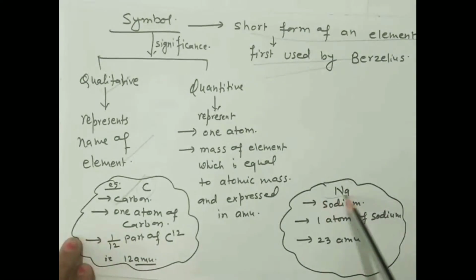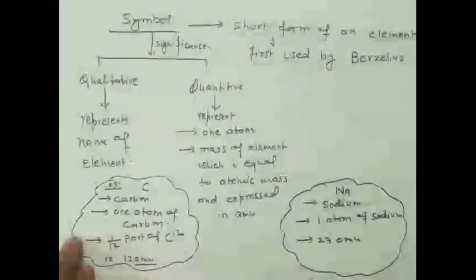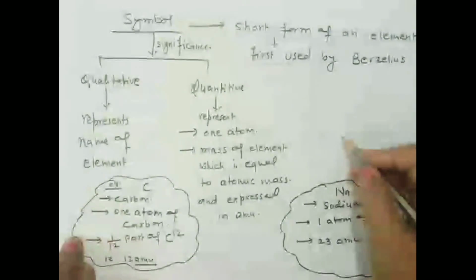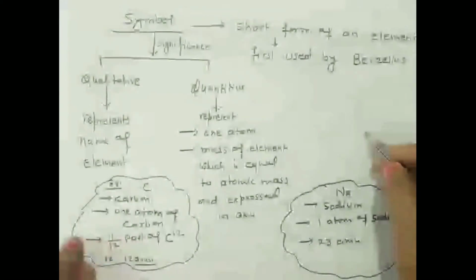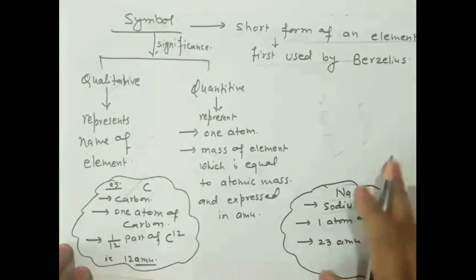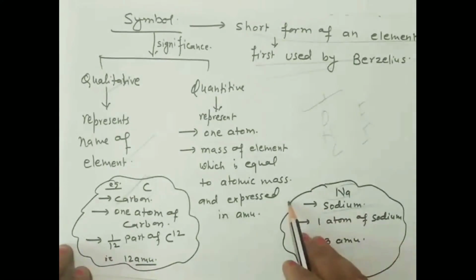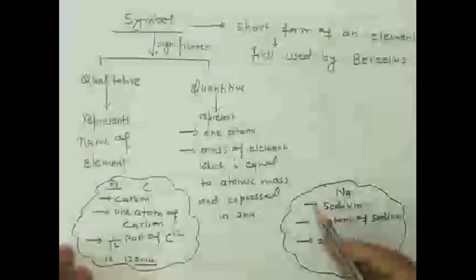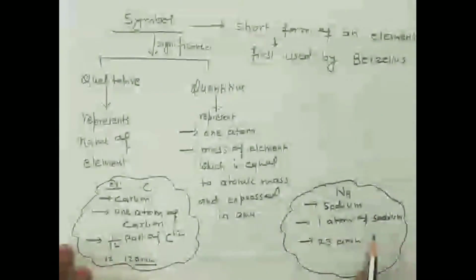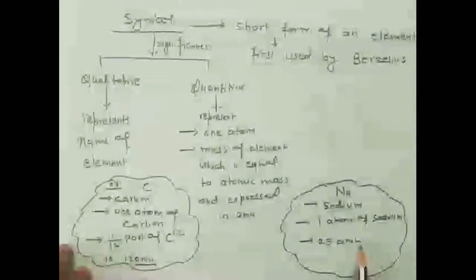If we are writing Na, Na represents the name sodium. In the English class, H, O, N, C, F, I are only single alphabets. But in the language of chemistry, H represents hydrogen, O represents oxygen, N represents nitrogen. So, this is the beauty of the language of chemistry. In the short form, we can write the name of the element.